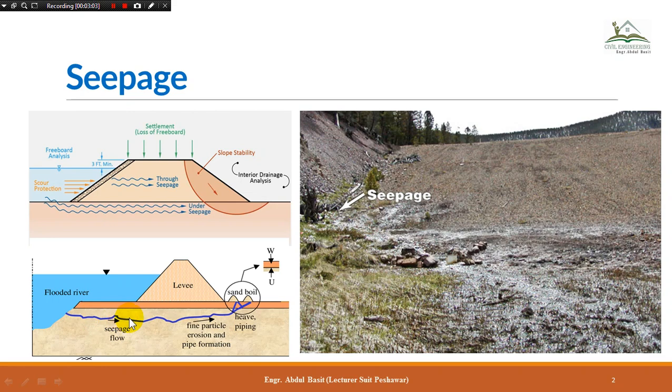Initially the seepage will be very difficult to determine, and it will be negligible, because the water will try to find its way out on the downstream side. It will be difficult for the water to initially make its way out, and that will be possible with the help of the interlinked voids in the soil, in the soil of these reservoirs, dams and walls.